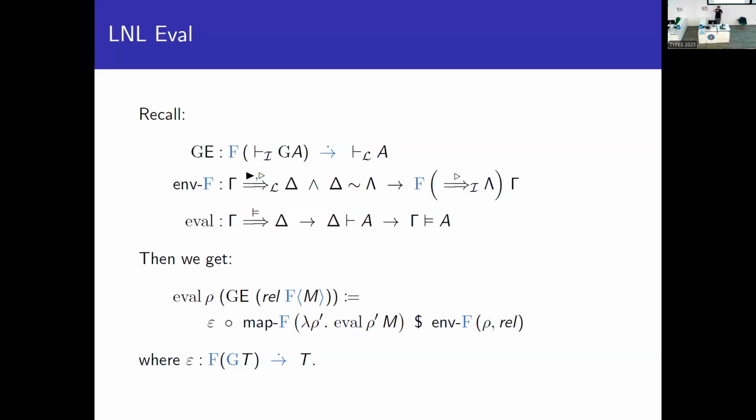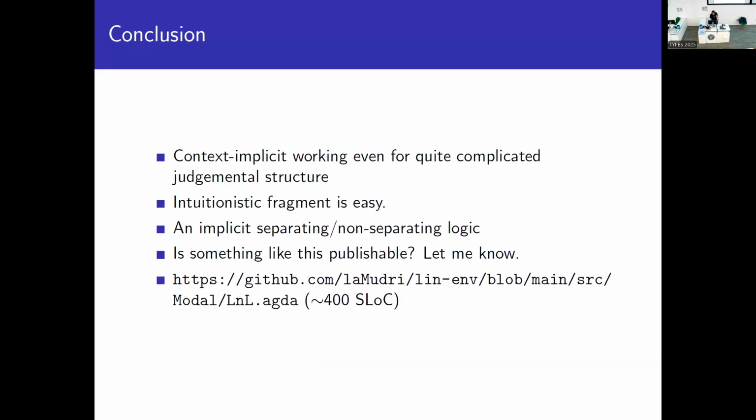And then when we're inside the F, all these meta-connectives are functorial, so we can map. When we're inside, we can evaluate the inside term to give us something of type GA, the semantic GA. And then we get to the end, we've got everything wrapped in F. We've got the thing of type GA, so FGA, and then we use the, what is it, the co-unit, I think, or is it the unit? I don't remember. Which you can think about later because I don't have time to explain.